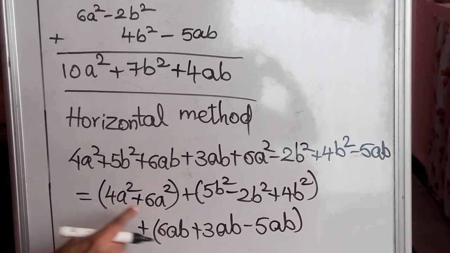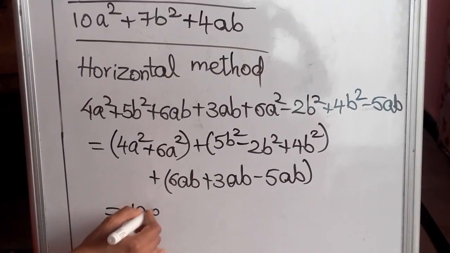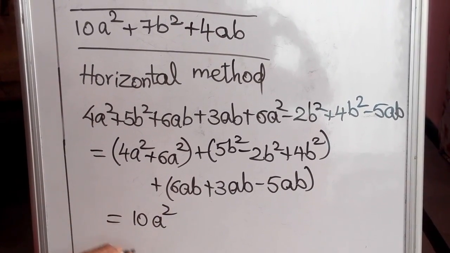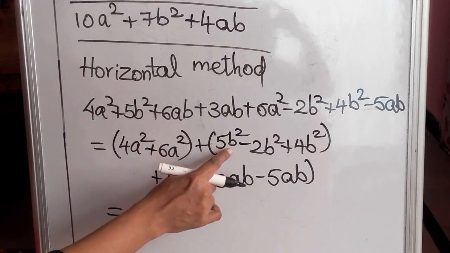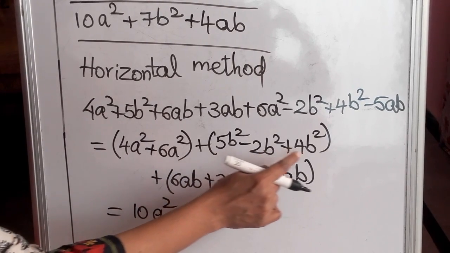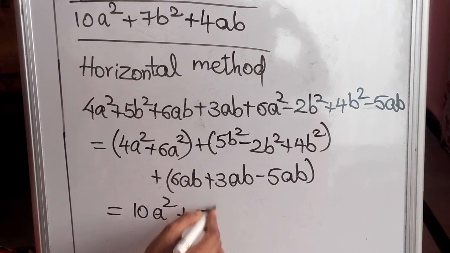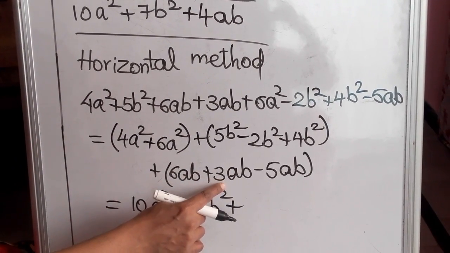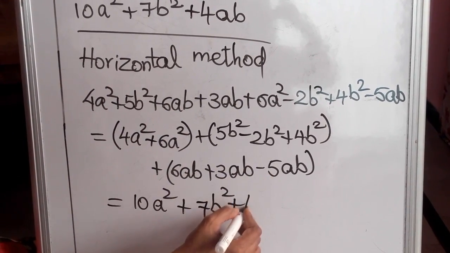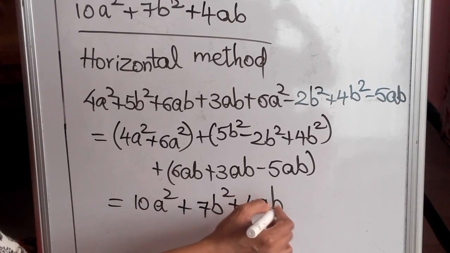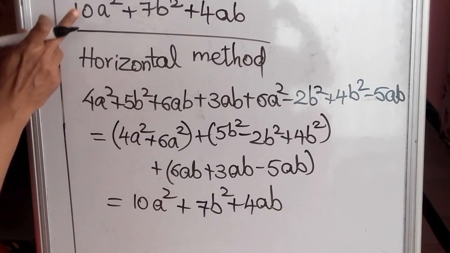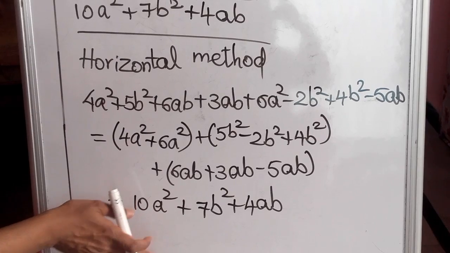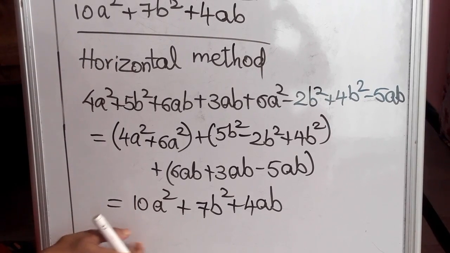So now 6 plus 4 is 10, 10a square, plus 5 minus 2 is 3, 3 plus 4 is 7. So 7b square, plus 6 plus 3 is 9, 9 minus 5 is 4, 4ab. So you got the same answer when you used the horizontal method and the vertical method.